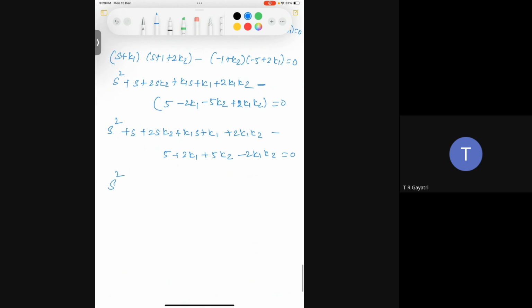Now separating all the terms: what are all the s terms?